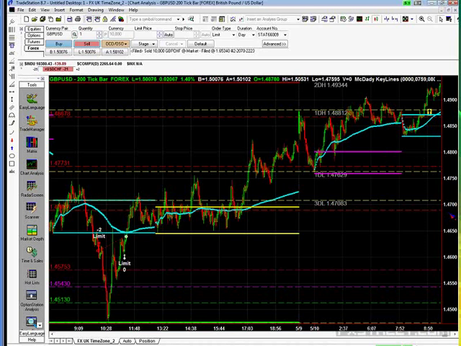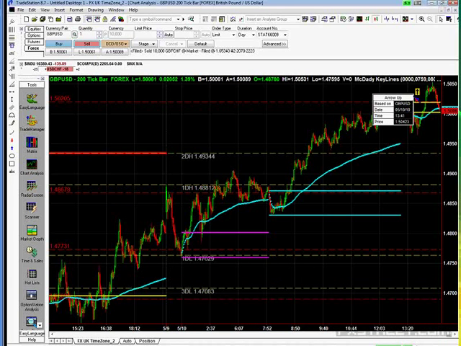This is how you can make a few pips on the trade. So you took it at 148.60 even here this morning. This was this morning, not yesterday. And it took you from 148 to 150.50. You made 200 pips on that trade just in the London session this morning.